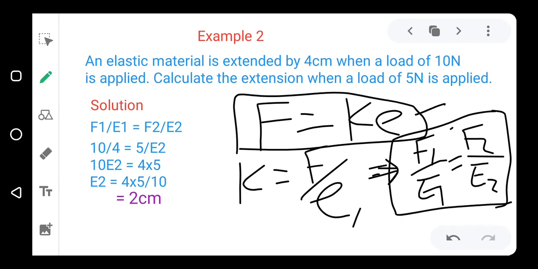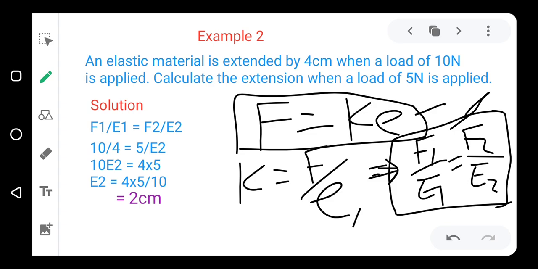So applying the second version, F1 over E1 is equal to F2 over E2. Now our F1 is 10 Newton and the extension is 4 cm. Then F2 is 5 Newton and we are looking for the second extension, which is E2.